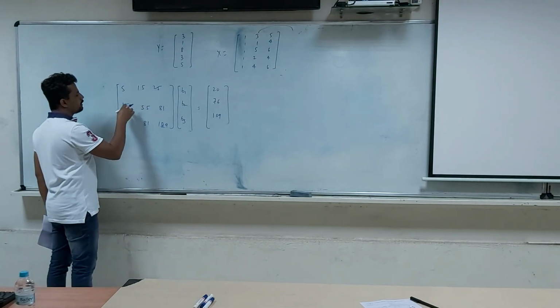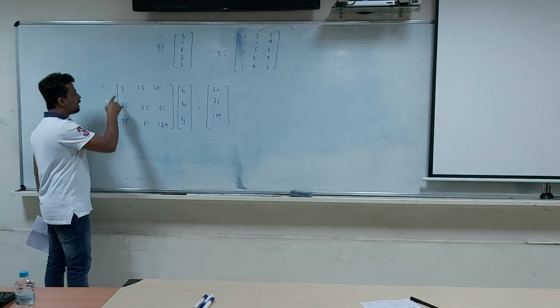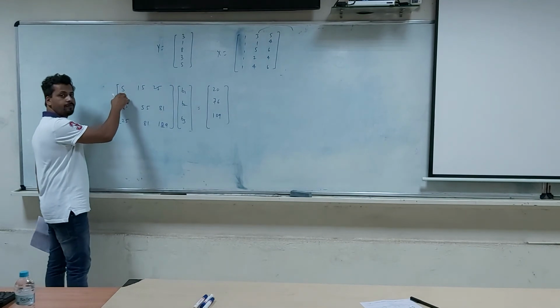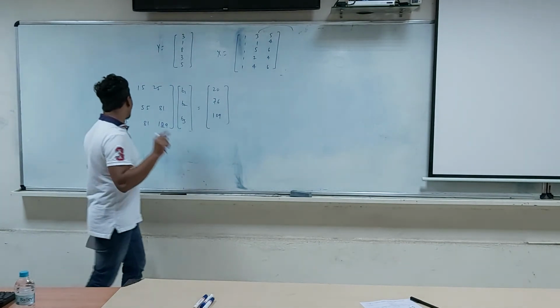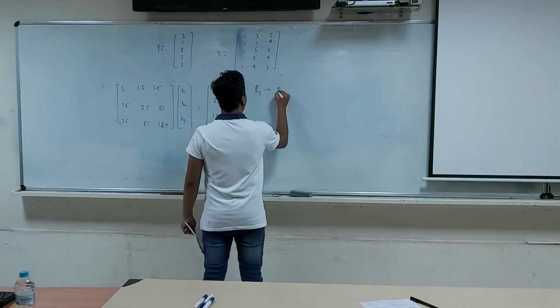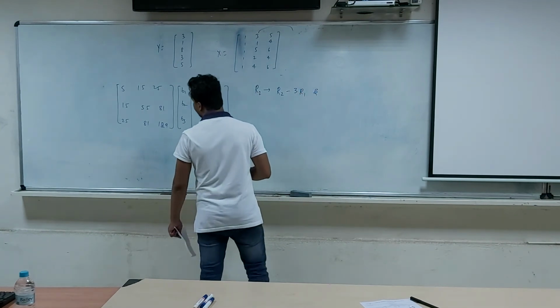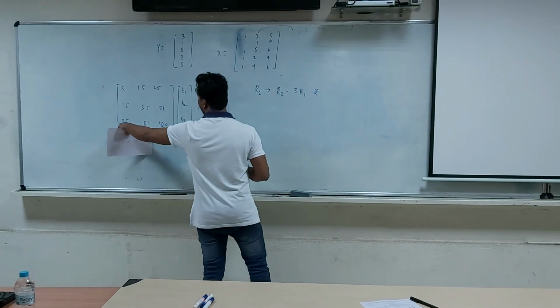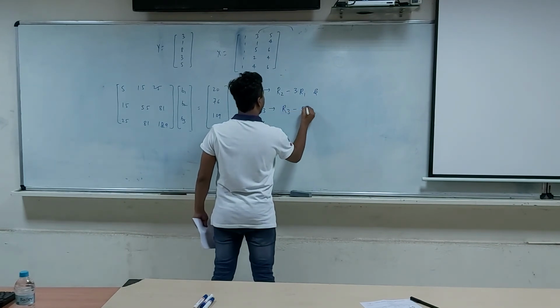So you see the first element of the second row and first element of the third row, they are some multiple of the first element of the first row, right. So what I do, I perform two operations over here. I replace row 2 by row 2 minus 3 times r1, and another operation that I do is I replace r3 by r3 minus 5 times r1.